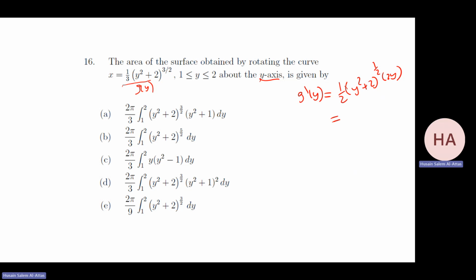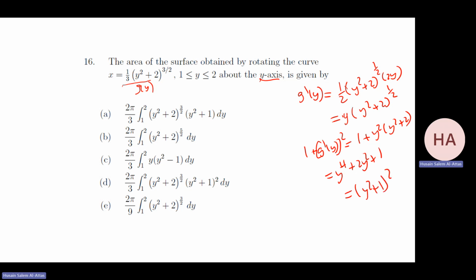That gives me y times y squared plus 2 to the power half. 1 plus g prime of y all squared is 1 plus y squared plus 2, which is y to the power 4 plus 2y squared plus 1, which is y squared plus 1 all squared.